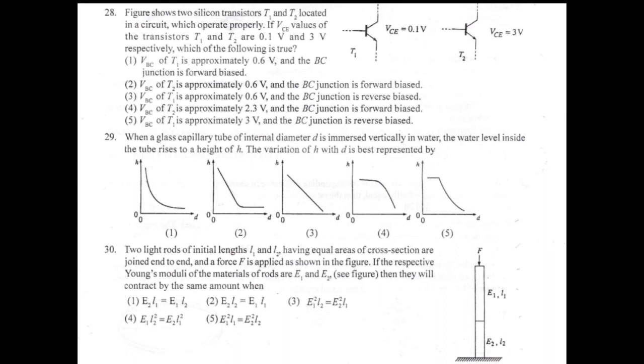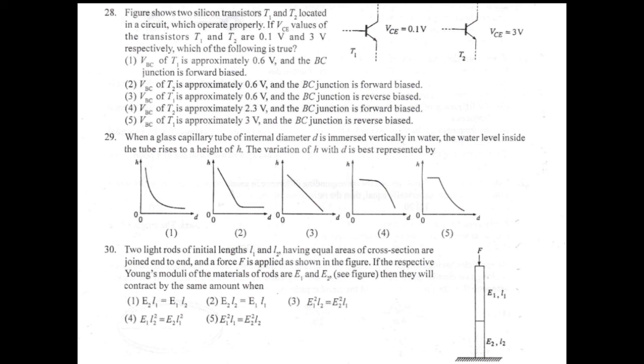Question number 28. T1 and T2 transistors, they are silicon transistors. VCE values are given. For silicon transistors, we know that VBE value is approximately 0.7 volt. We take it as 0.7 volt.